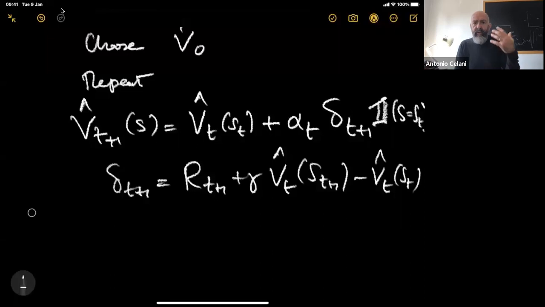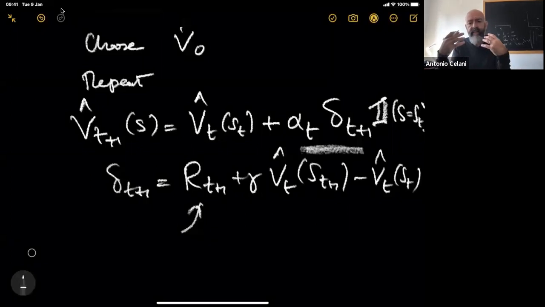From this, you observe the new reward, and you construct the temporal difference error, which I recall you is the difference between the reward that you observe and the one that you would have predicted according to your approximated value function. If there is a discrepancy, then you adjust your new value according to that. That's it. Okay, so this algorithm is the simplest way of performing learning of a value function.